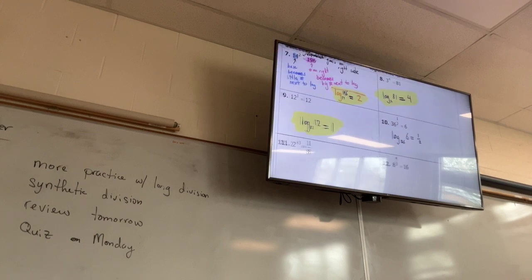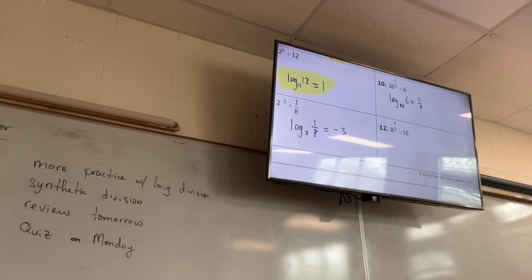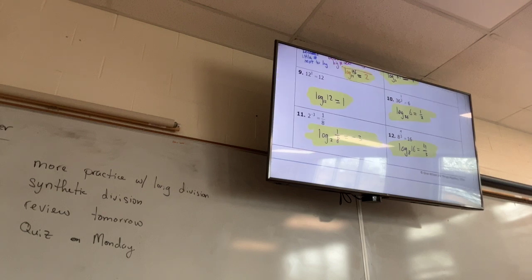So that's your answer for that one. 11, log base 2 of 1/8 equals -2. And 12 was log base 8 of 16 equals 4/3. You guys feel okay about those?